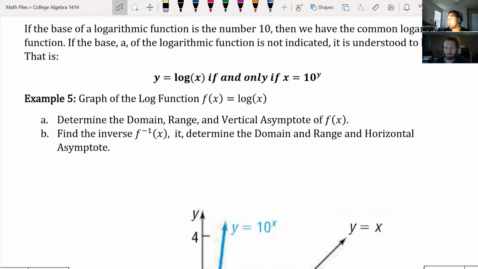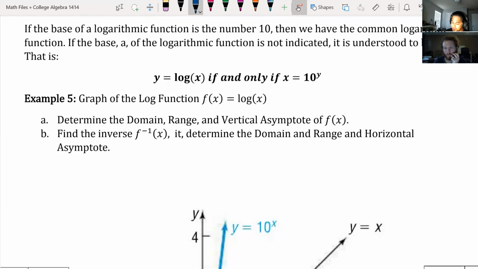All right. So what we have next is something called the common logarithm. If you see a log equation or function that does not show a base, understand that the base is 10. So the common log, the base is 10. This is true because you can convert it from log to exponential and get x equals 10 to the y.